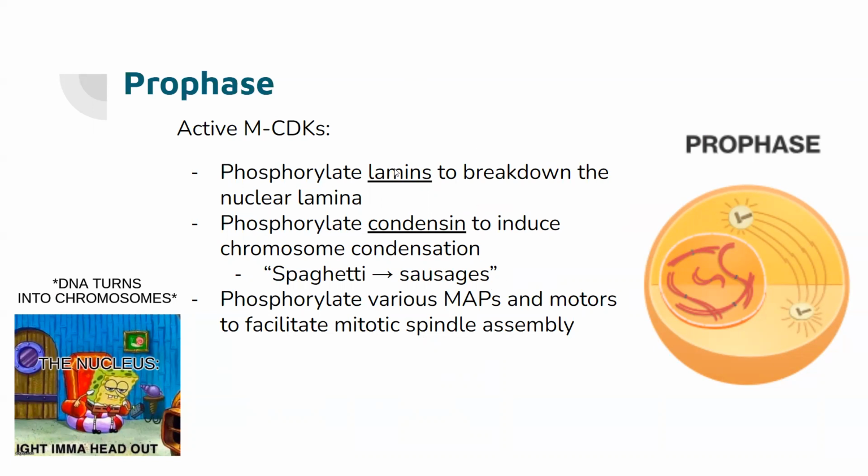So they're going to phosphorylate lamins, which are proteins that break down the nuclear lamina. They're also going to phosphorylate condensin, which is going to start to condense the chromosomes from looser, unpacked DNA to more tightly packed structures that we see here, and various other MAPs and motors in order to get the mitotic spindle assembly going.